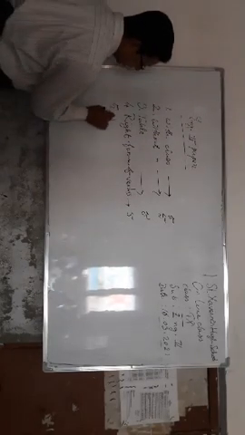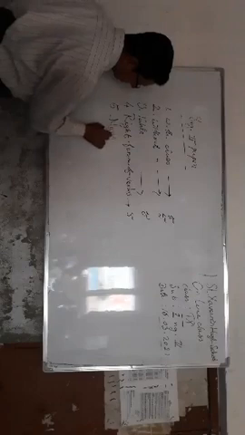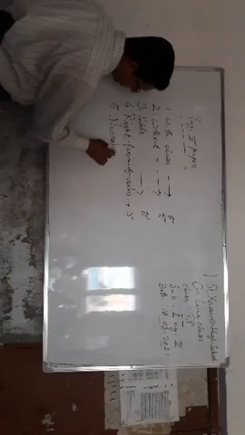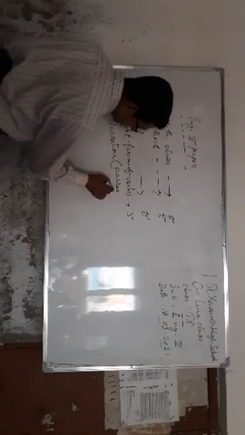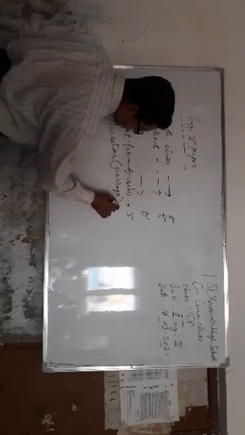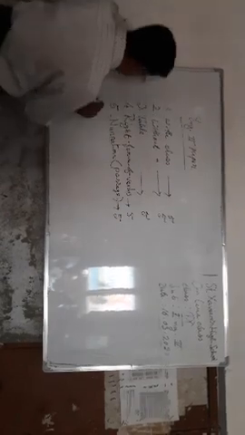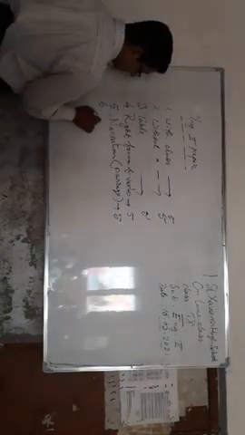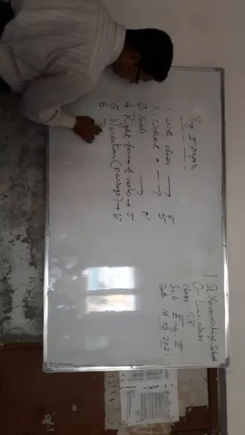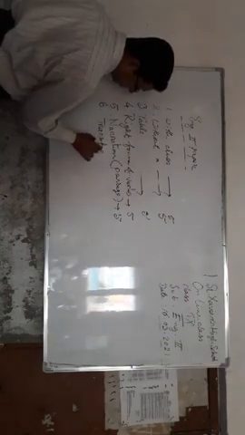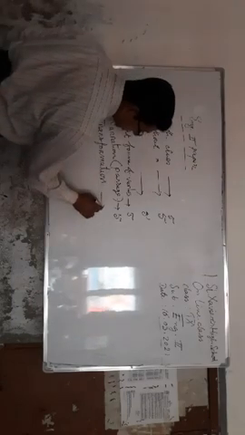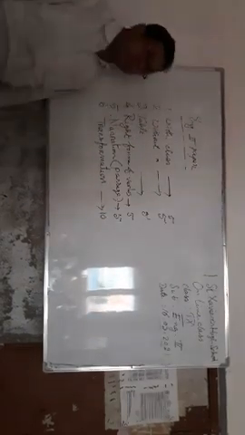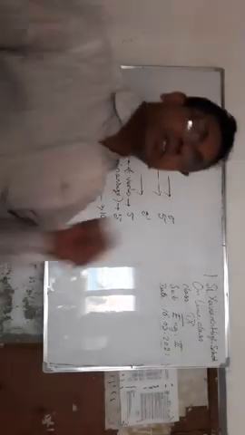Number 5, narration. Of course, this is passage narration, 5 marks. Number 6, transformation, 10 marks.